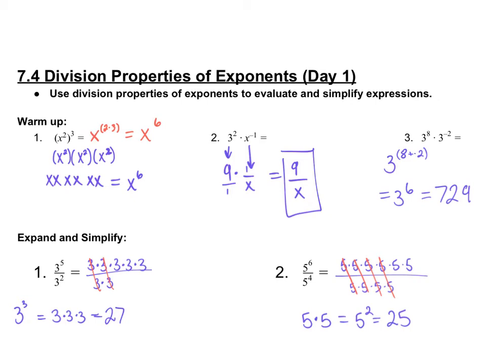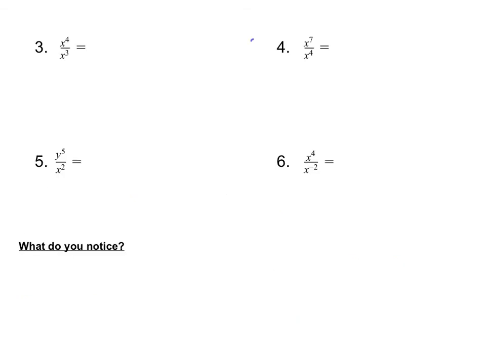All right, so we're just going to do a couple more examples, actually. Now I've jumped down to the bottom of the page. So I have x to the 4th divided by x to the 3rd.